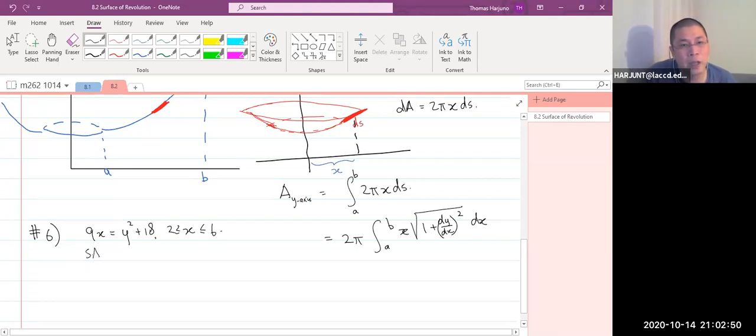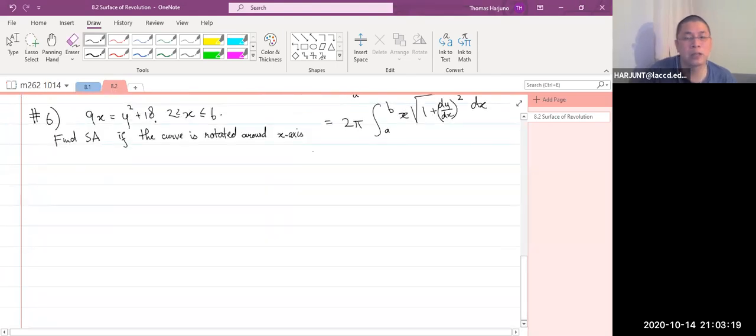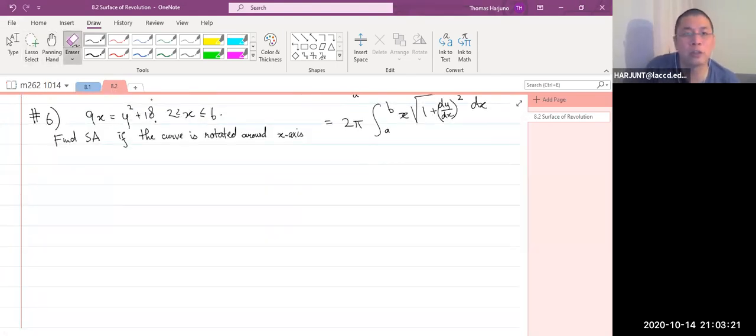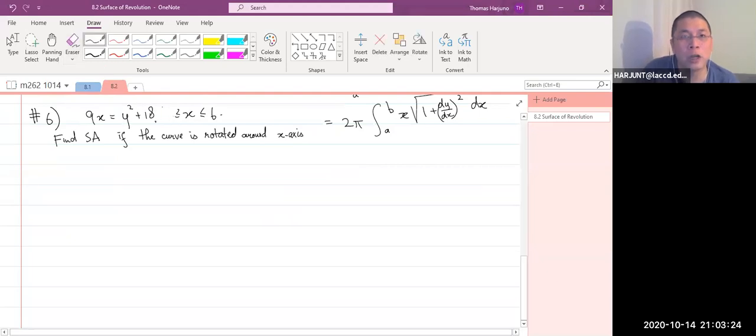Find the surface area if the curve is rotated around the x-axis. Around the x-axis. Now, do not try to memorize too much the formula, but try to learn to build the formula.